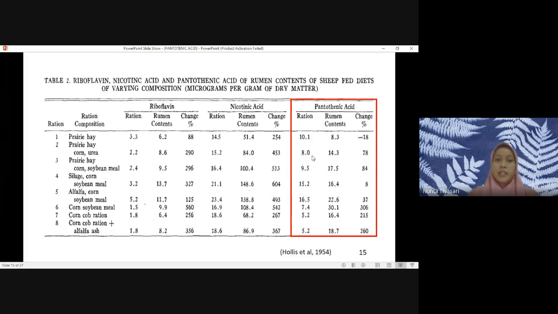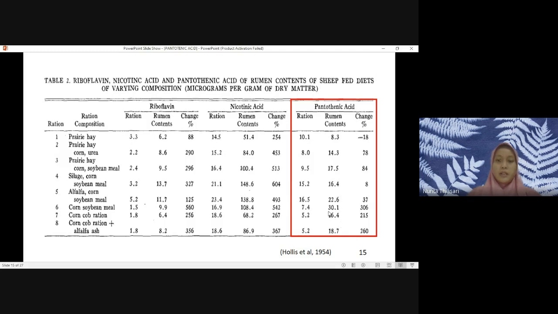But after the addition of corn as the readily available carbohydrate and urea, the pantothenic acid in the rumen increased. The same thing happened for ration number 3 and also number 4 and the other results.